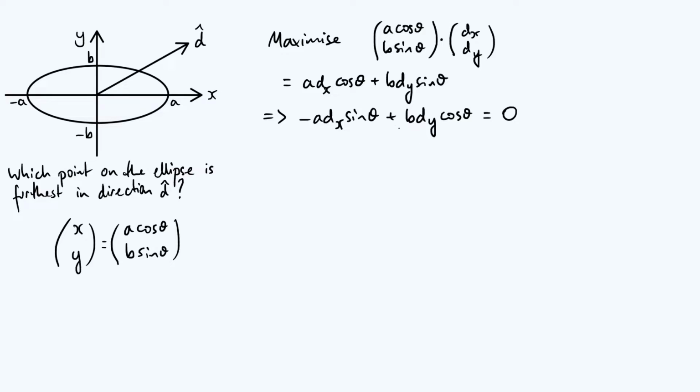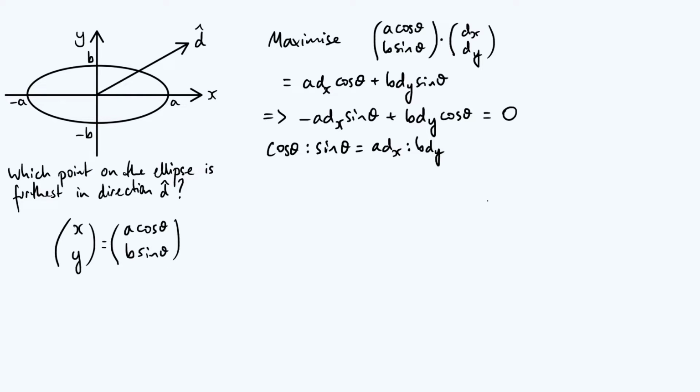Now, if you look at that equation, you should be able to convince yourself that it's only satisfied if cos theta and sin theta are in the ratio a dx to b dy. This is essentially defining a ratio that the cosine and sine of theta have to be in.